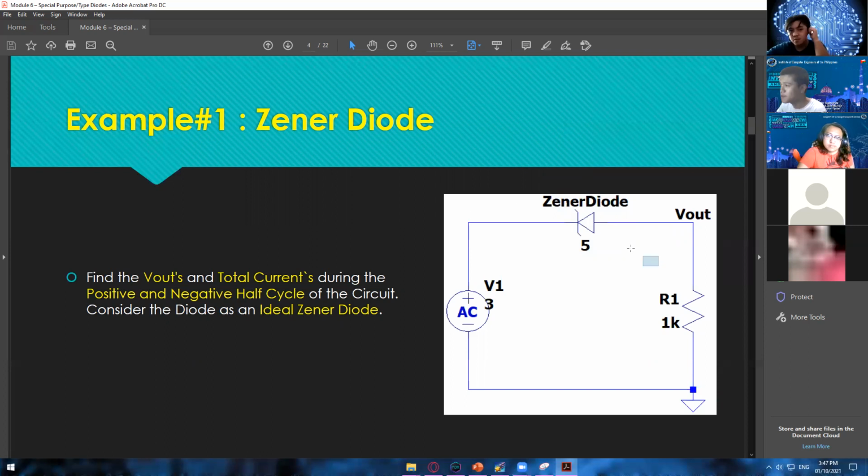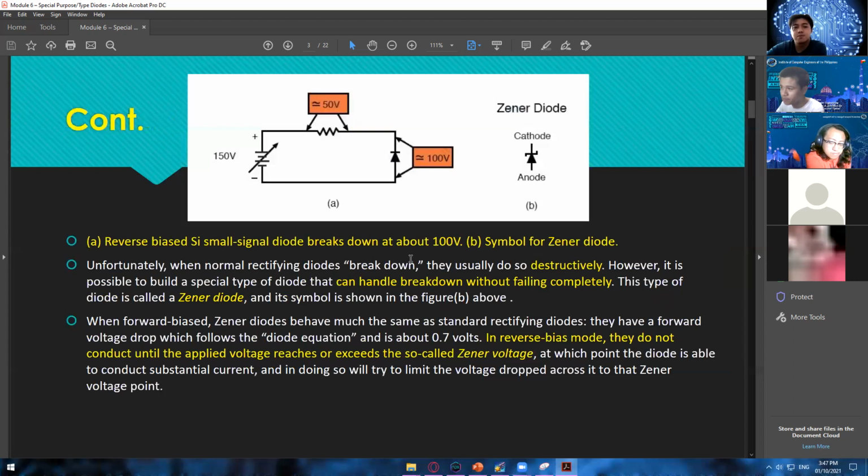Anyone? What will happen to our Zener diode? Okay. Of course, this will become a reverse bias since positive is connected to negative and the negative is connected to the positive.